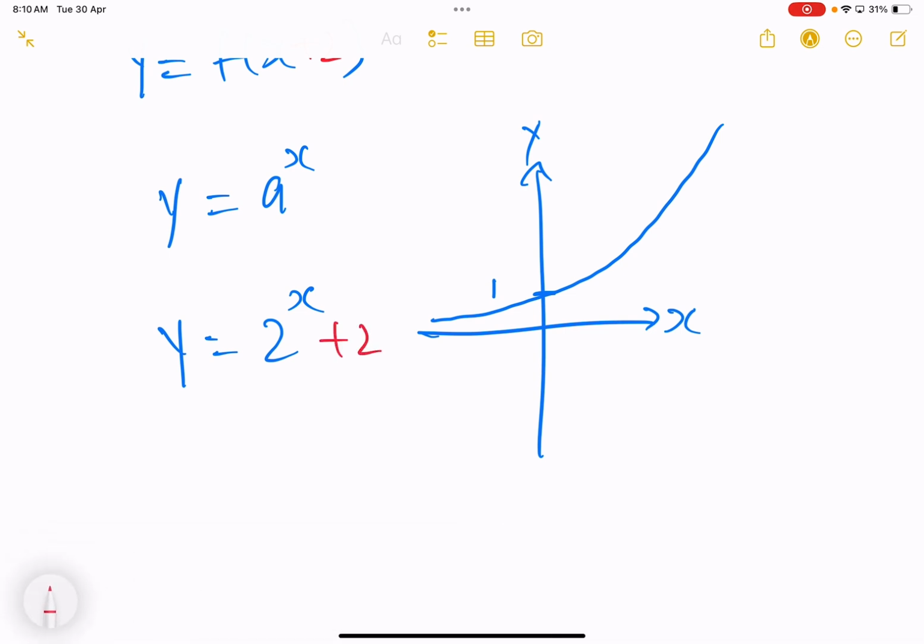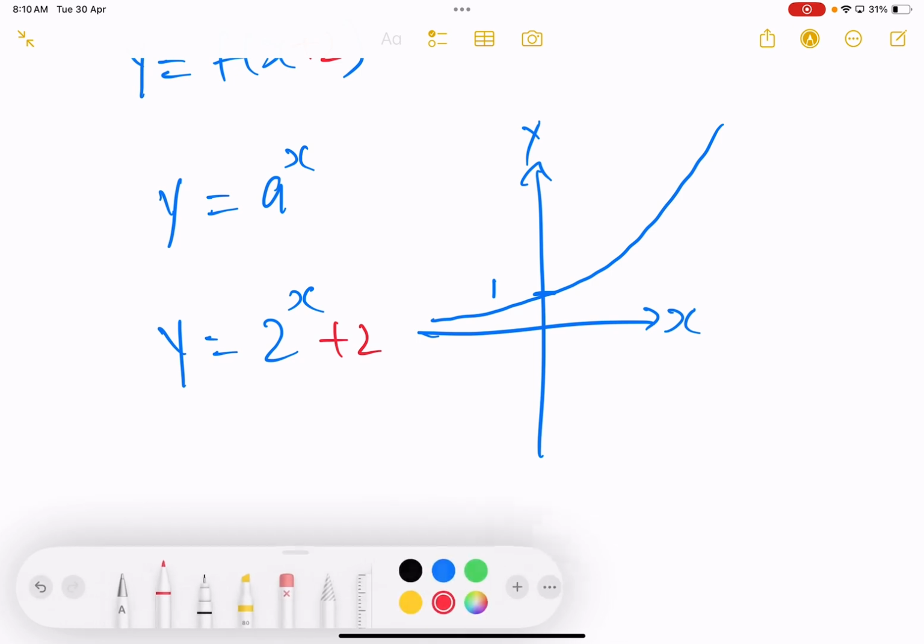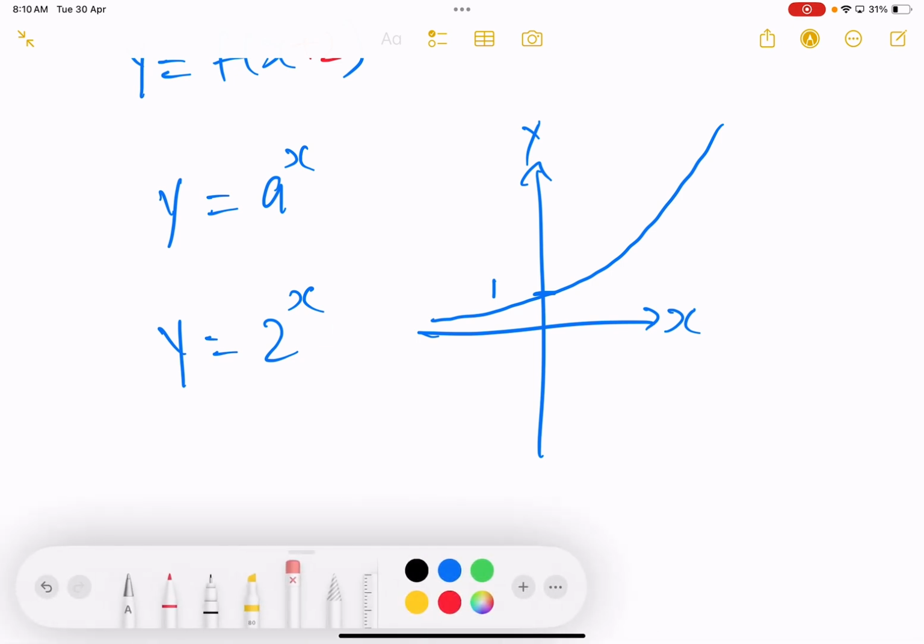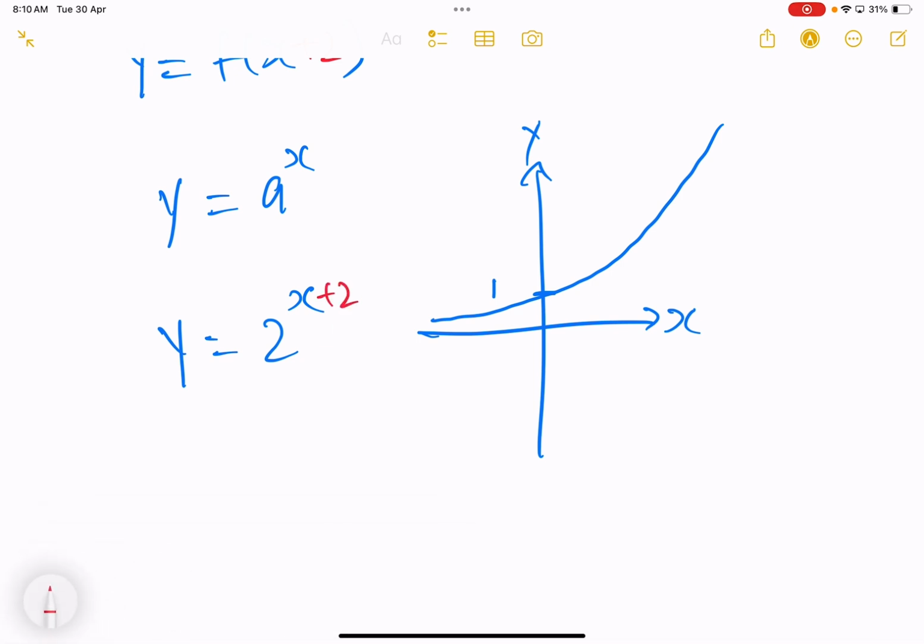If I have 2^x + 2, what happens? This whole thing will shift up by 2 units. I think this one is quite easy to understand. But this is not what I'm interested in. If I have 2^(x + 2) over here, can you see now what has changed is not the output directly, but the input.